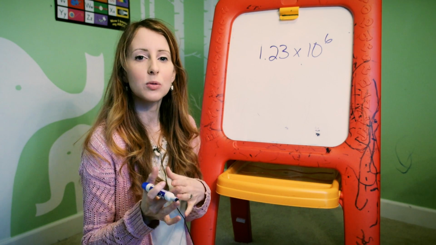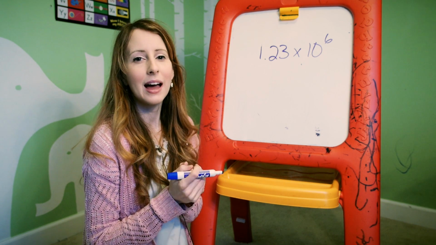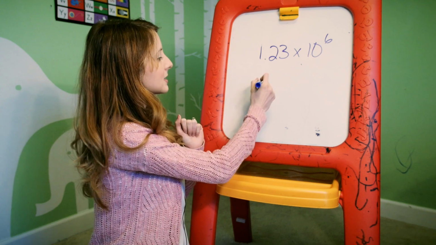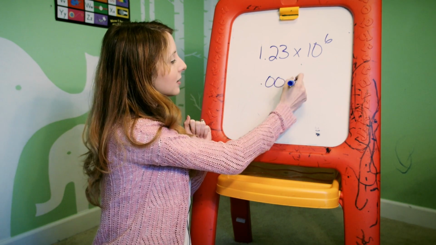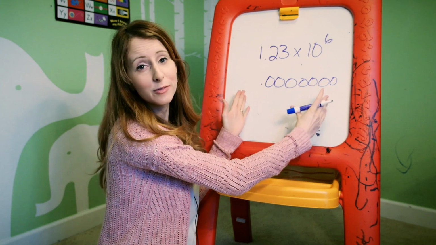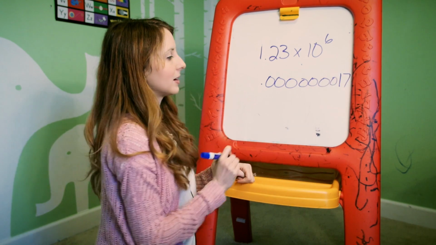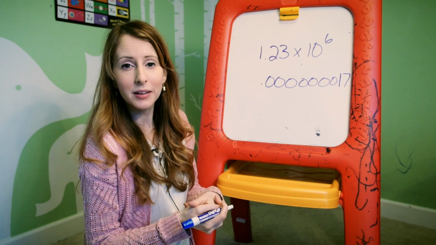It's also used to write incredibly small numbers, numbers so tiny that they'd have to have lots of zeros to the right of the decimal place. You can have way more than this, but let's say you just start with something like this, 17. This is obviously quite a small number.